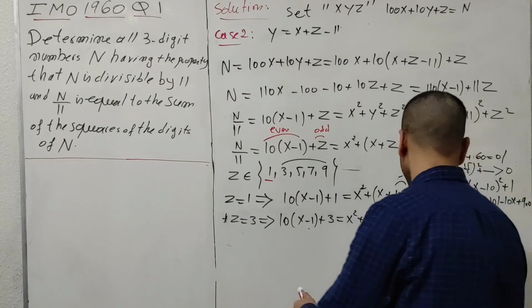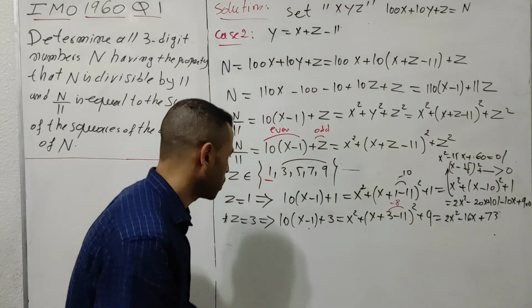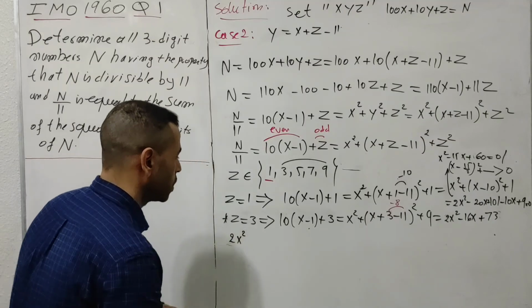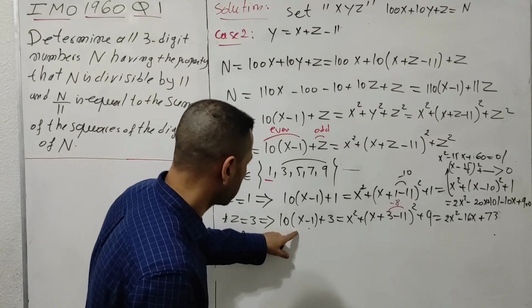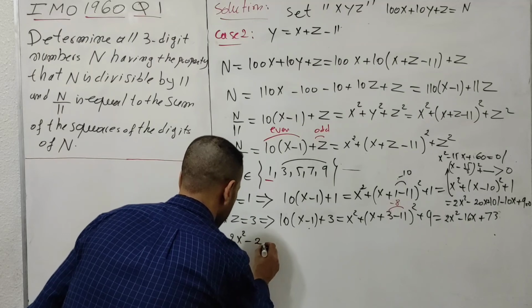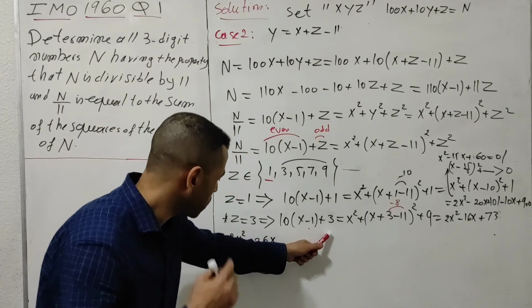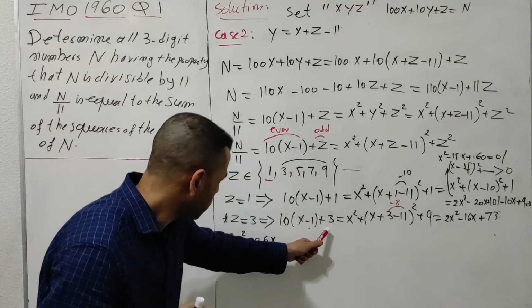By moving these two terms around, I will get 2x squared minus 16x minus 10x, which is minus 26x, minus 10 plus 3, which is minus 7.